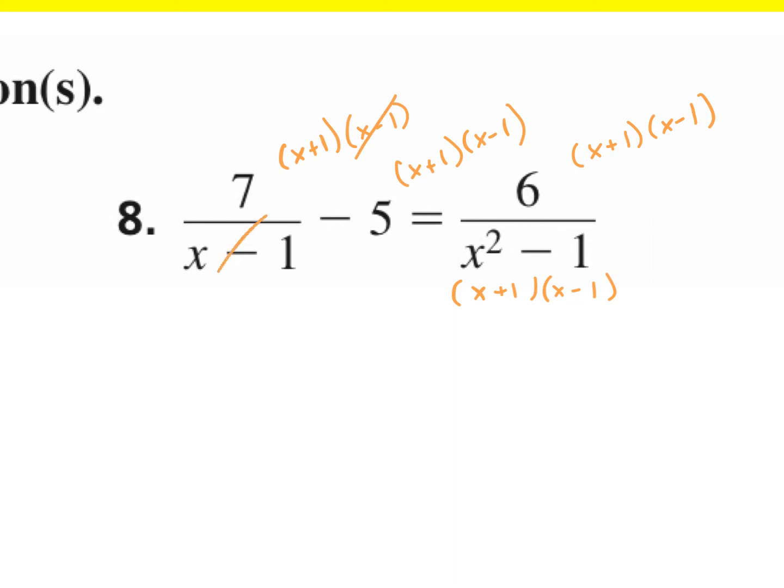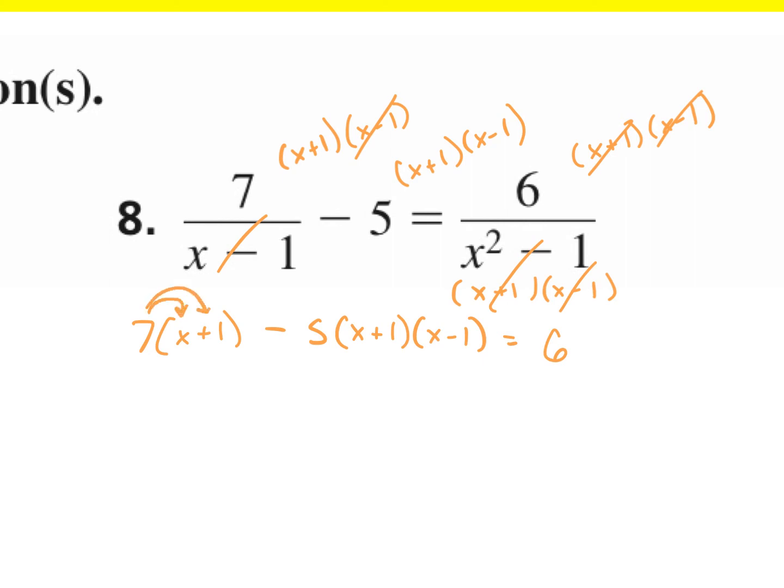This cancels, so we have 7 times x plus 1 minus 5 times x plus 1 times x minus 1 is equal to, this cancels and this cancels, so just 6. Now we want to distribute some of these things out to simplify.